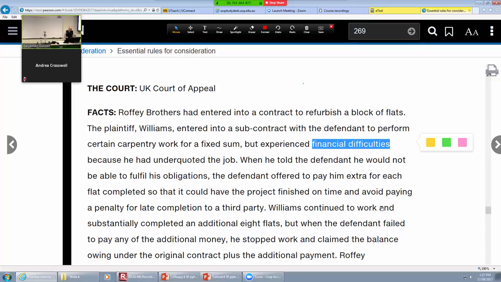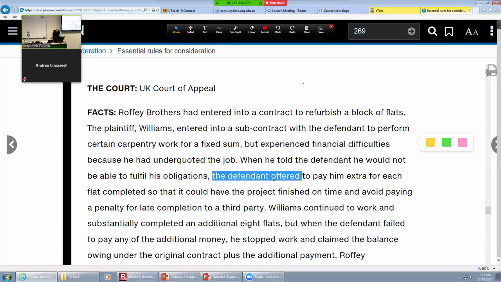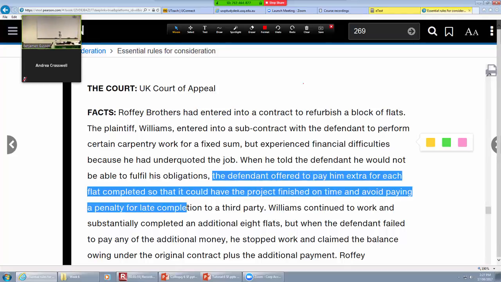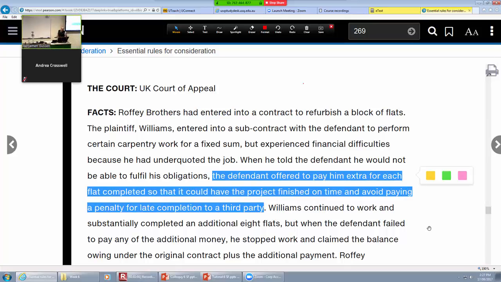When he told the defendant he would not be able to fulfill his obligations, the defendant, that's Williams, offered to pay him extra. Offered to pay him extra for each flat completed so that it would have the project finished on time. Why? To avoid paying a penalty for late completion. You see the detriment?